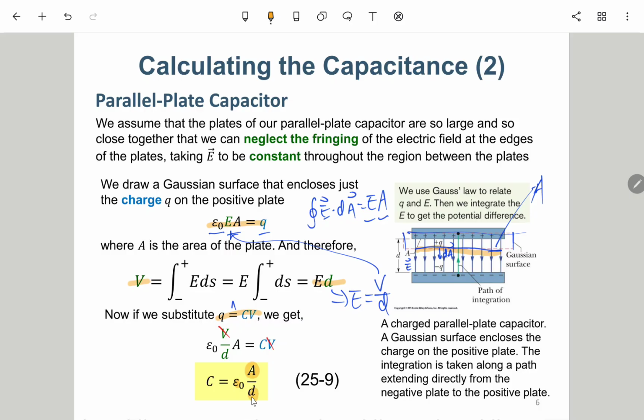So if you want to make the capacitance larger, you need to make the gap between the plates shorter and shorter. Then you get a larger capacitance. So this is the capacitance of a parallel plate capacitor.